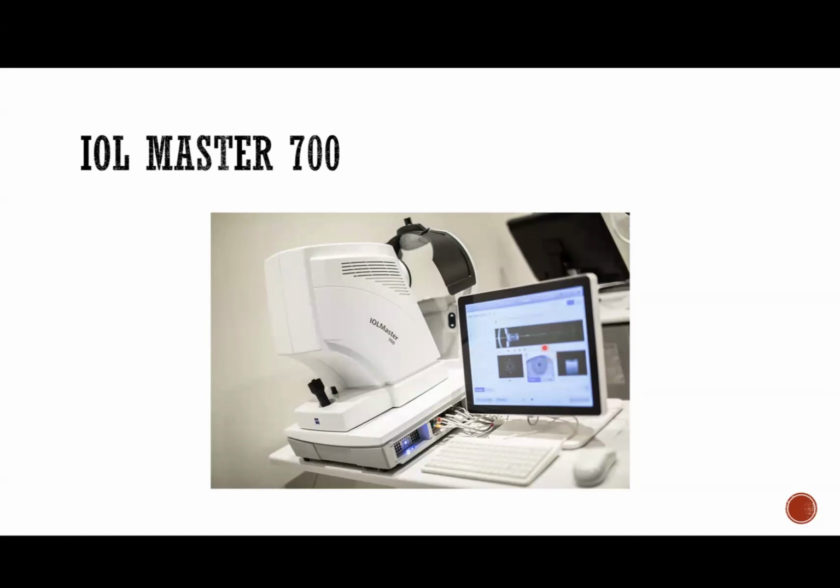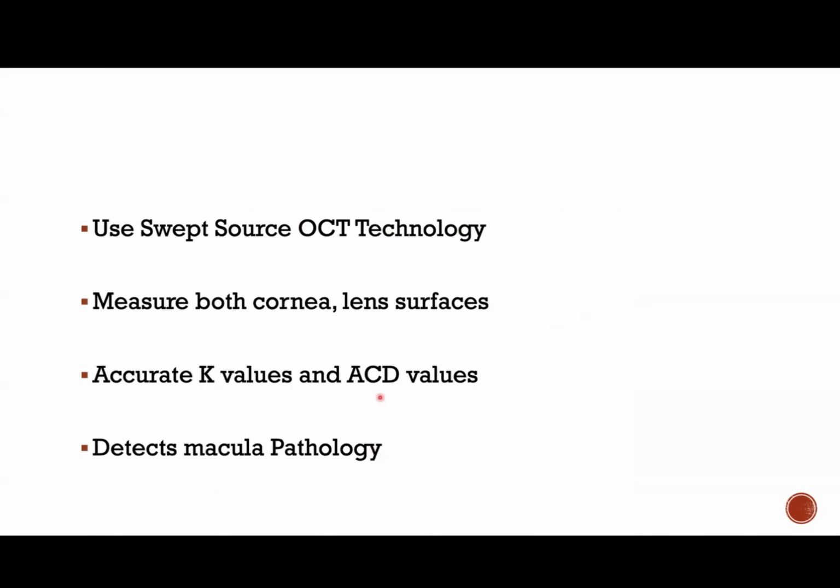Whenever we send for biometry, the technicians come and say the macula is not very clear and something is happening. So we take an OCT macula, and then we pick it up. Maybe we might have missed an ERM, or a macular hole. That is a huge advantage: even if you miss it, the machine will detect the macular pathology for you.